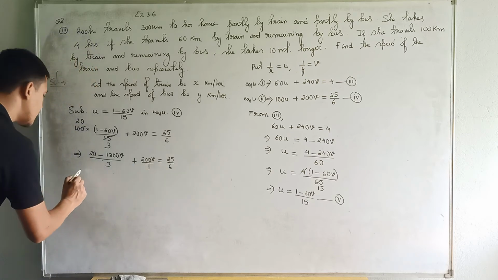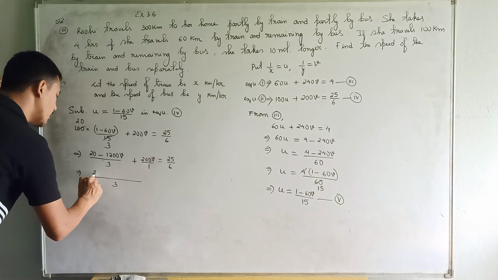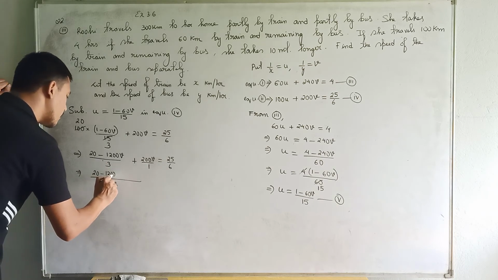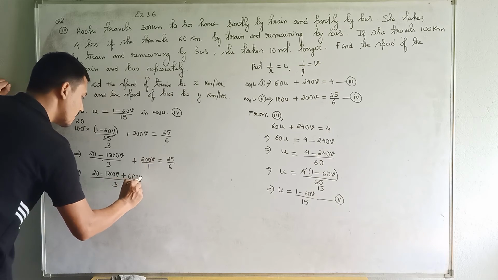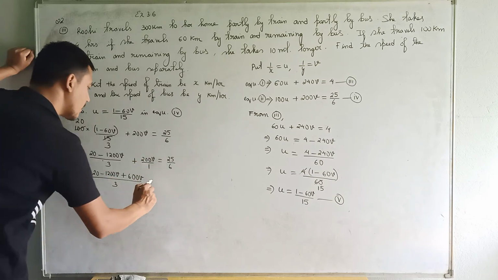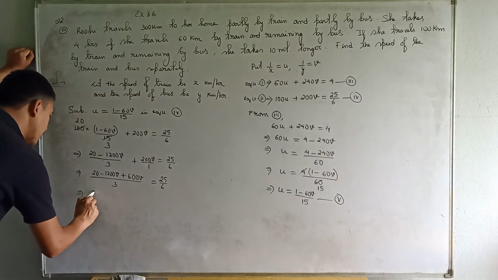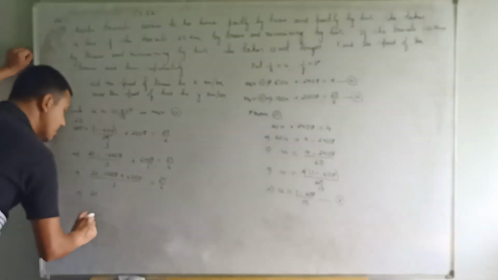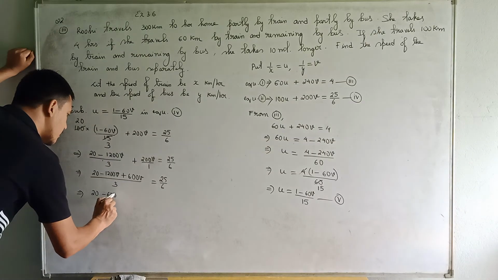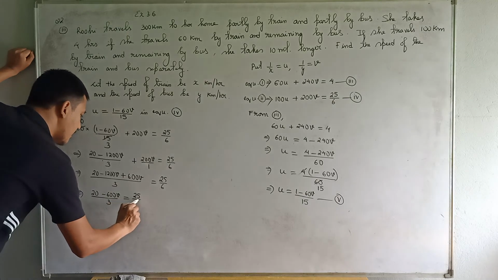You can take LCM. What is your LCM? 3 cancels out. 20 minus 1200v upon 3, 2 times is 600v, if you take LCM, right? Equals 25 upon 6. Minus 1200 plus 200, oh, plus 600, minus 600v upon 3 is equal to 25 upon 6.